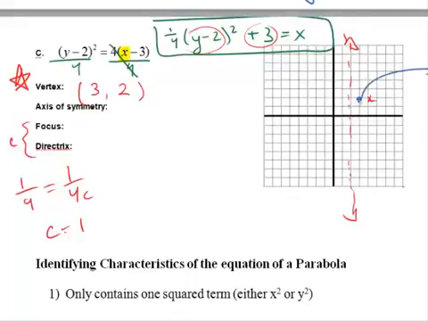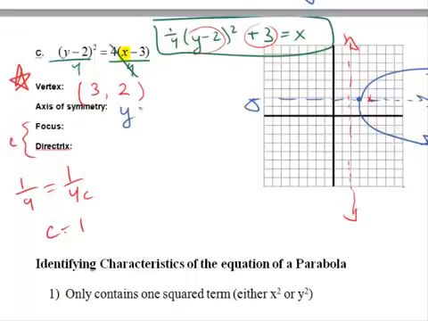Your parabola will swing out and around this piece here, and then your axis of symmetry will run horizontal. So axis of symmetry will be y equals 2, focus will be 4, 2, and directrix will be at x equals 2.